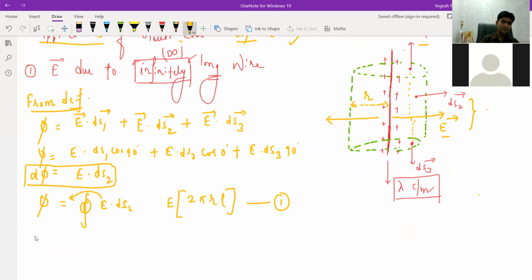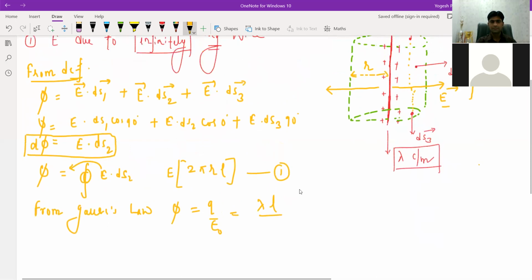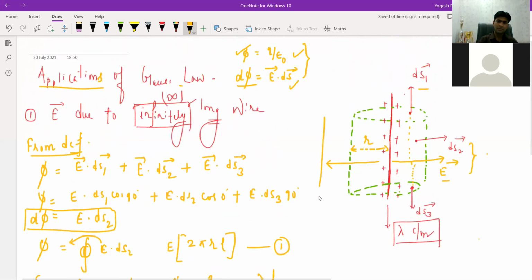Now the second step is from Gauss law. From Gauss law, what can you write? Phi is equal to Q upon epsilon naught. Now for linear charge, Q can be written as lambda L, if L is the length of the Gaussian surface.